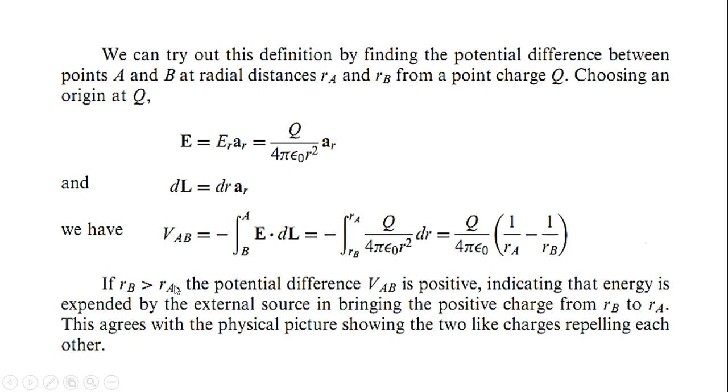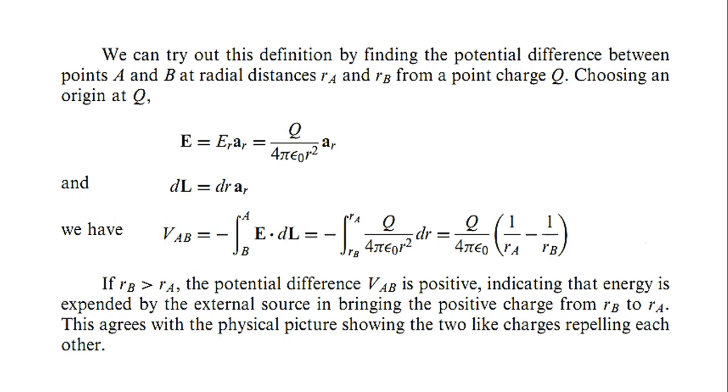If RB is greater than RA, the potential difference VAB is positive, indicating that energy is expended by the external source in bringing the positive charge from RB to RA. We have selected the outer circle at B and the inner circle at A. So RB is greater than RA, and we have selected B as the initial position and A as the final point.